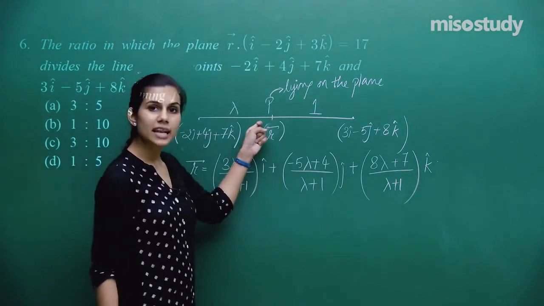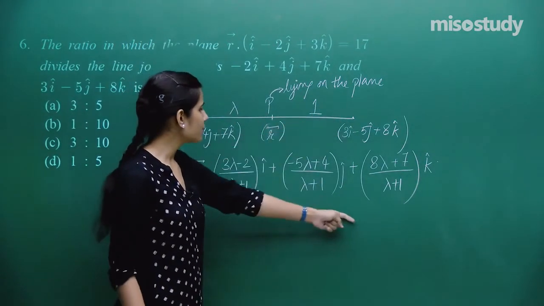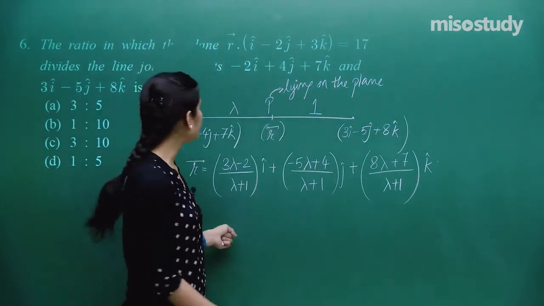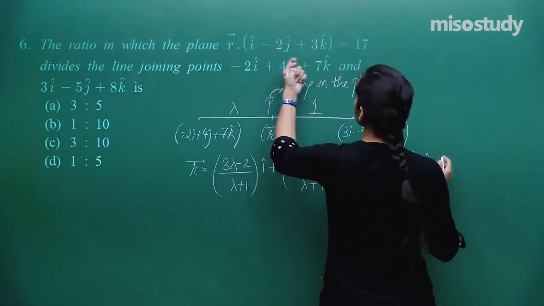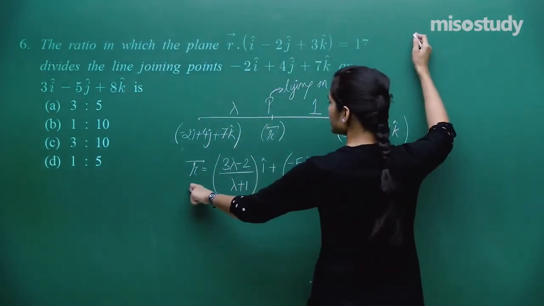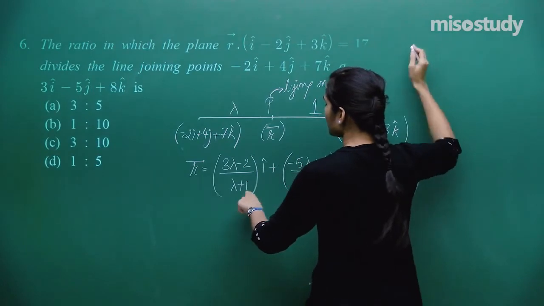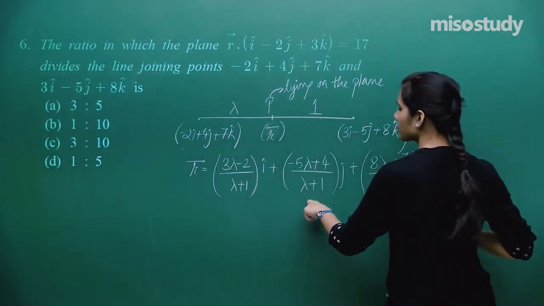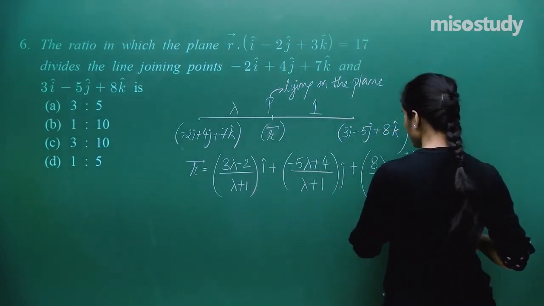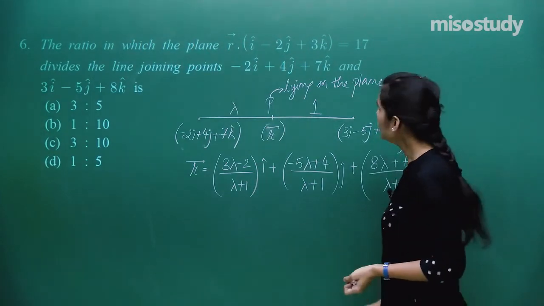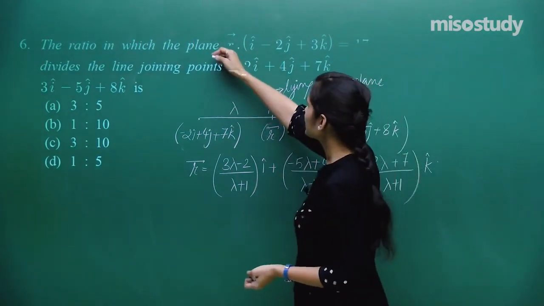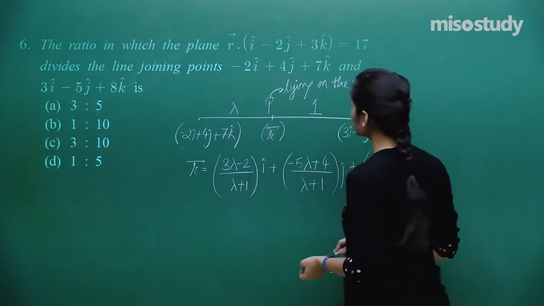Now, this point is lying on the plane, so this point is going to satisfy the equation of my plane. Plane is r dot (i cap minus 2 j cap plus 3 k cap) equals 17. So r vector is (3 lambda minus 2) upon (lambda plus 1) i cap plus (4 minus 5 lambda) upon (lambda plus 1) j cap plus (8 lambda plus 7) upon (lambda plus 1) k cap. When in place of r vector I substitute this vector, this equation gets satisfied.